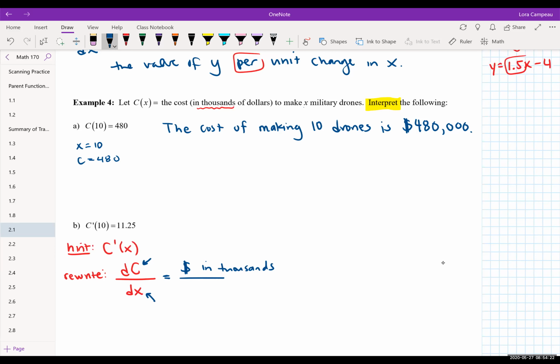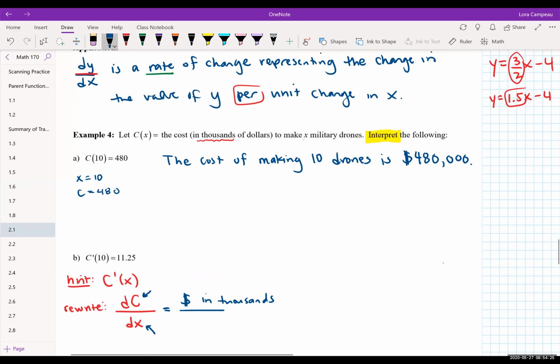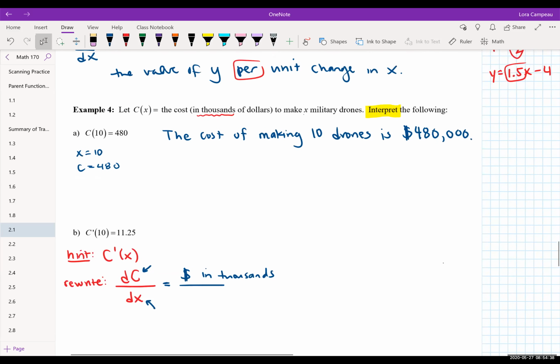So if I'm looking at this dy dx application definition, the rate of change represents the change in the numerator value, that's cost, per unit. And per unit, unit is singular. This would be referred to as one drone. That's our X value. So I'm just trying to figure out what the units are. So that actually is going to help me a little bit.